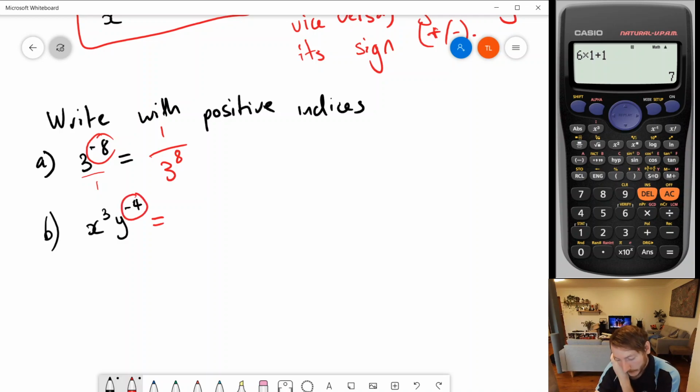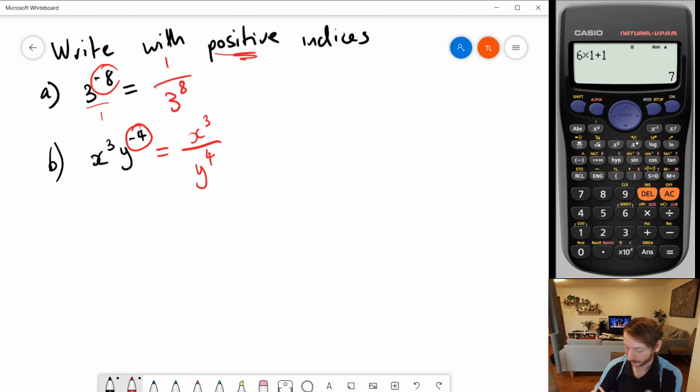But one of them has a negative index and we want positive. So let's change that to a positive. But when we change the sign, it flips over to the denominator. So x cubed stays where it is. That doesn't need to change. The sign is positive on the power. It's going to stay positive. And then y to the 4 needs to flip to the bottom of the fraction.